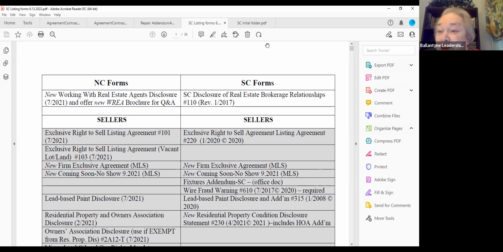We will have this updated again as of July 1. North Carolina is updating their forms as of July 1. We still do not have a list of the forms that are being updated. However, we will probably know that pretty soon. So just don't get too attached to this particular one, because I've updated the South Carolina forms on here. All right. I'm not going to go through it because it's pretty self-explanatory.